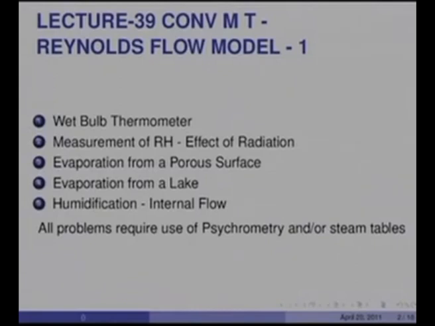Whereas all these problems are of external flow, we will turn to internal flow, in which we will try to humidify air which is entering a tube whose walls are maintained wet. So, all these problems will require use of psychrometry and or steam tables, as we shall go on to see.